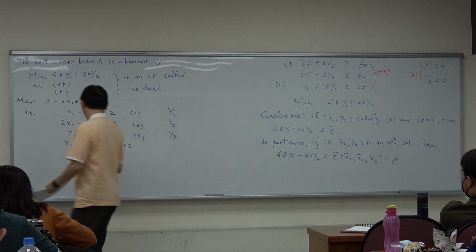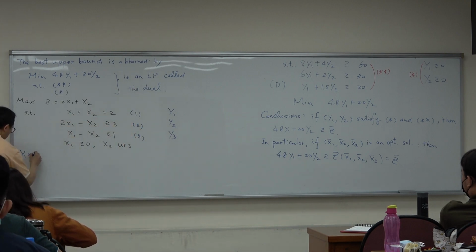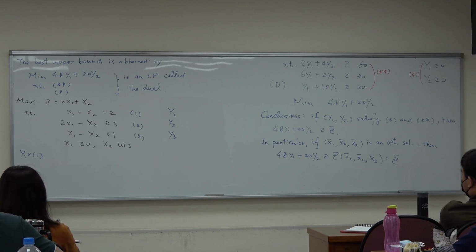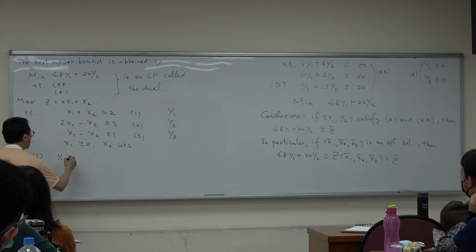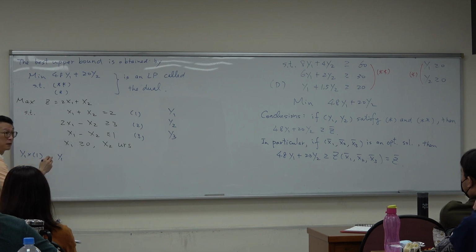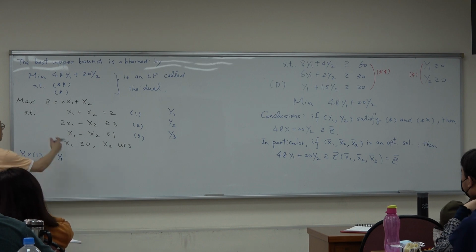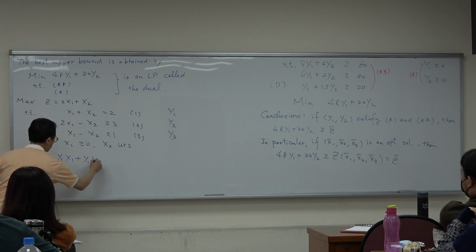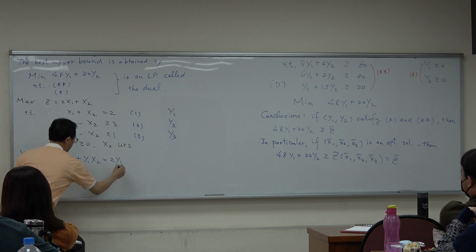It means that y1 is multiplied by the first constraint, so it becomes y1 x1 plus y1 x2, 2y1.